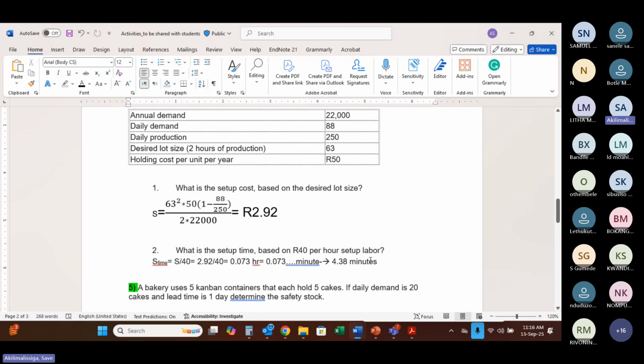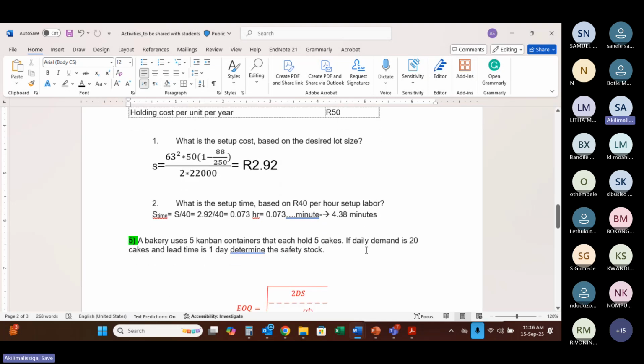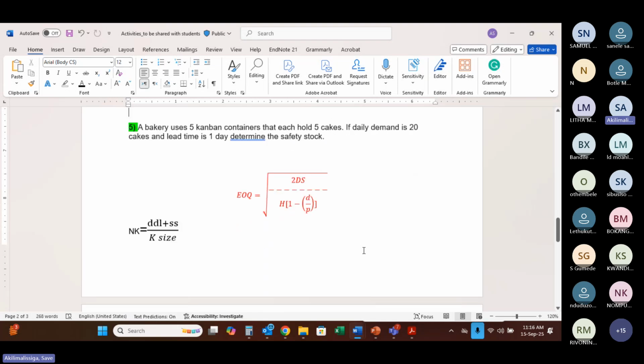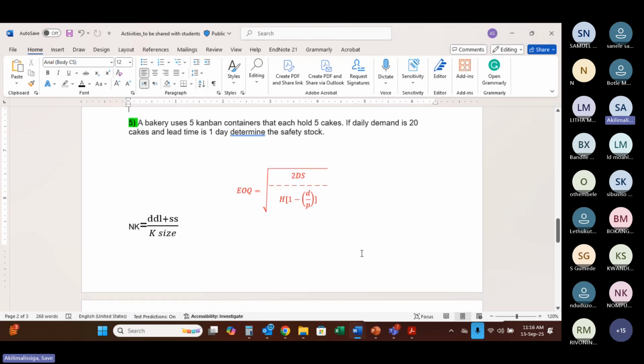of all the formulas, or in terms of the calculations part that we have seen in class. So you need to calculate the setup cost, calculate the setup time, calculate the EOQ, Kanban size, and then you can calculate the number of Kanbans.